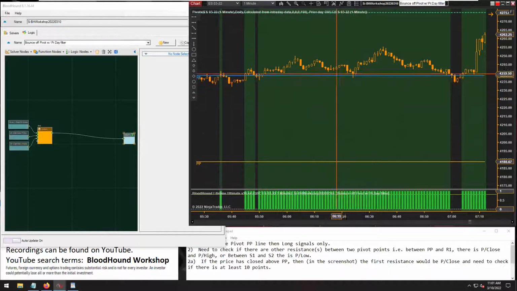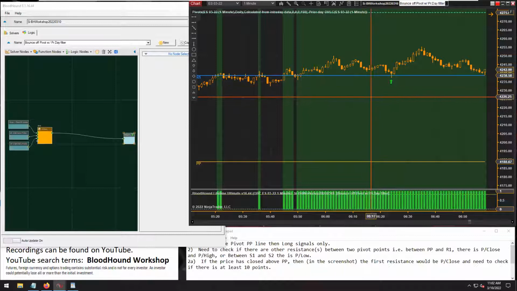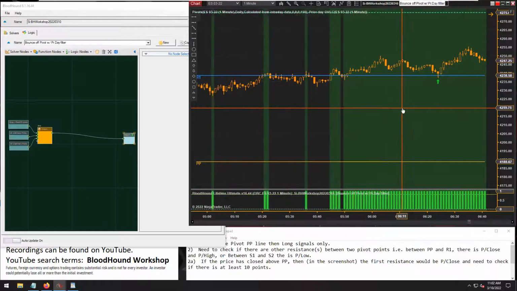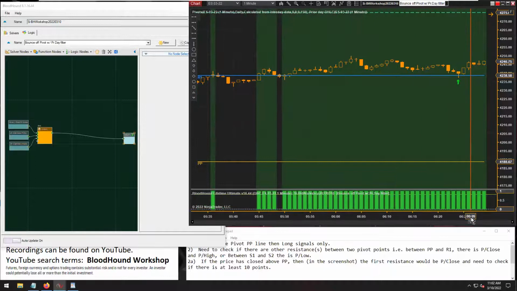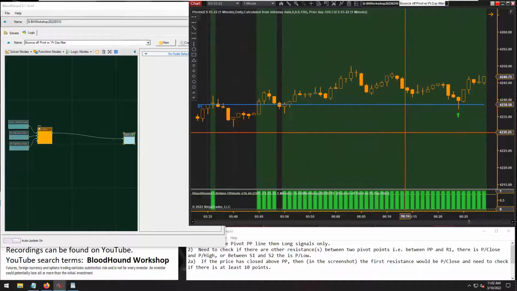This one here definitely looks like it would meet a bounce signal requirement. So let's work right here. We'll use this spot here for our bounce. There we go. We'll zoom in a little bit.